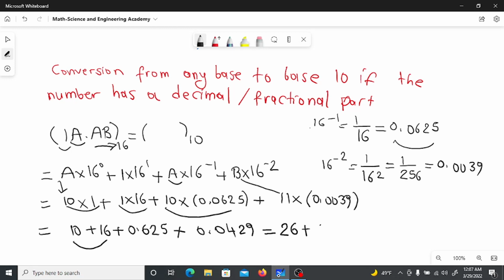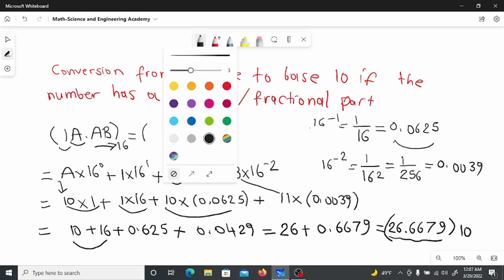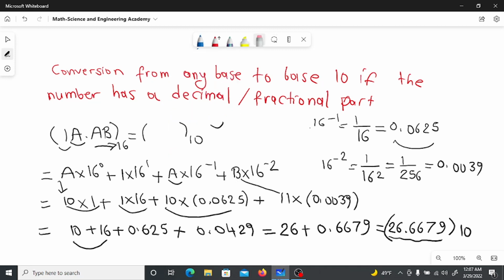That's going to be 0.6679. Or you can directly write 26.6679. This is equal to that in base 10. This space is not big enough, but we can write next to it, or we can erase and make this a little bit bigger. So 26.6679 in base 10.